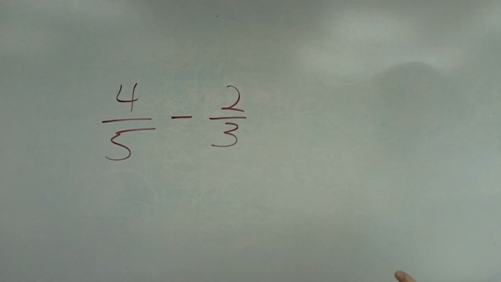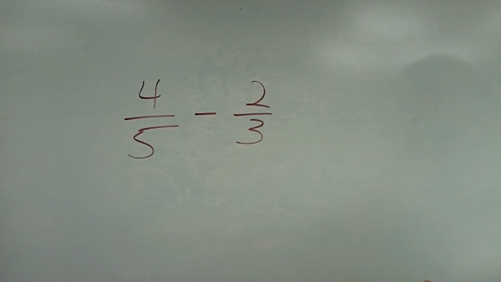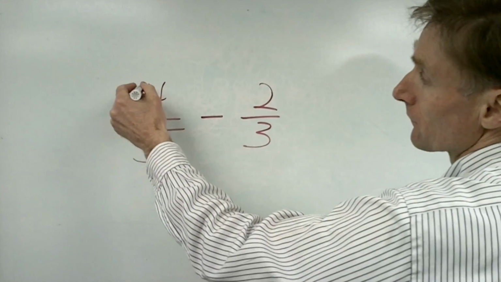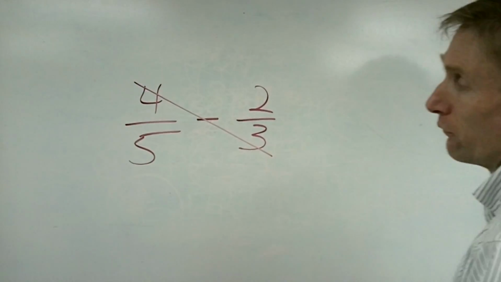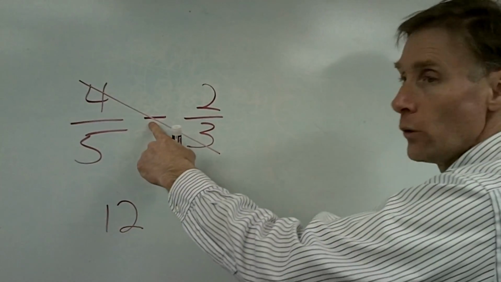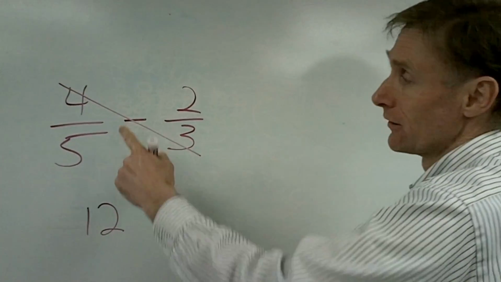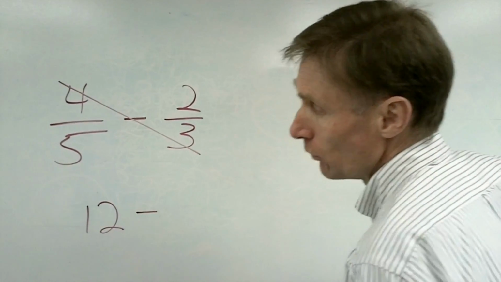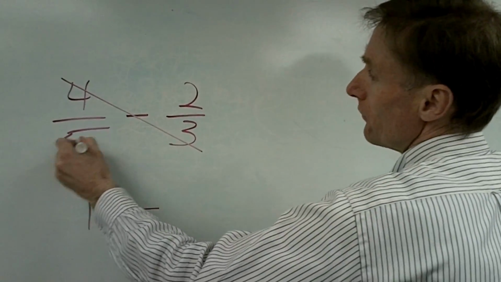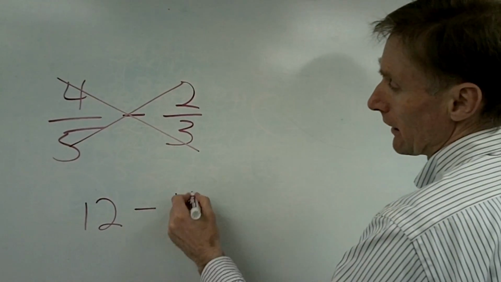All we have to do is we must start with the upper left, just like we did with addition. And we go 4 times 3 is 12. Again, we do what the sign says. So in this case, it will be subtraction. And then we will go 5 times 2, which is 10.